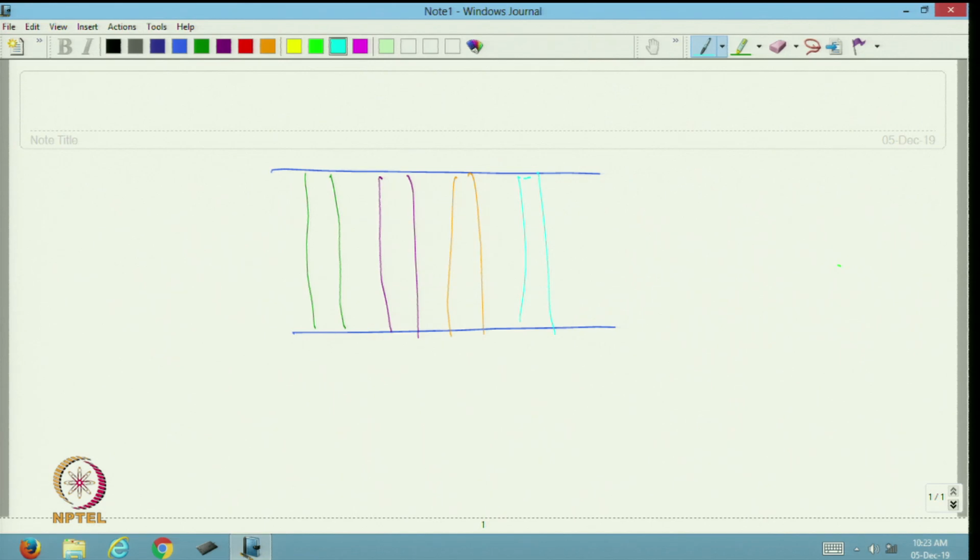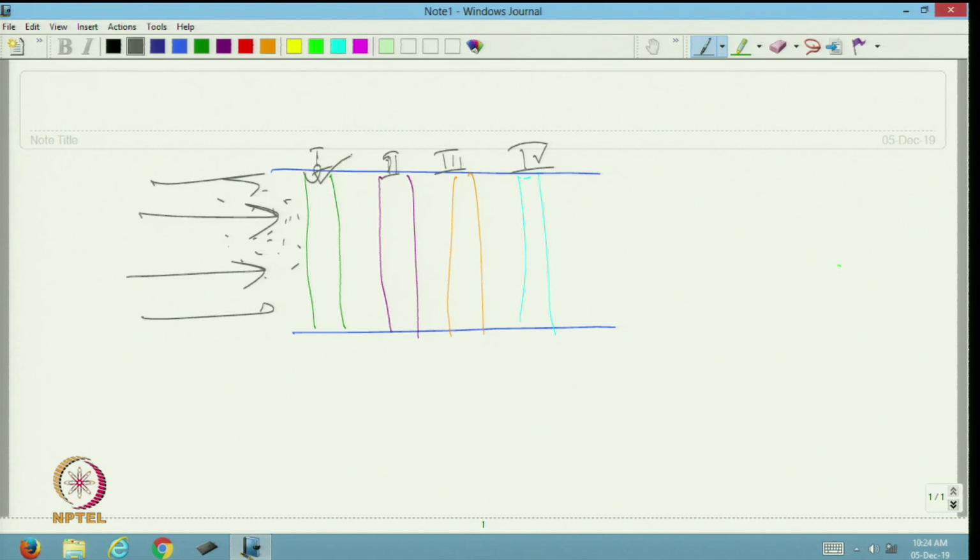Here dusty air with dust particles enters. At filter 1, if we target the maximum filtration efficiency, then the total system will collapse.